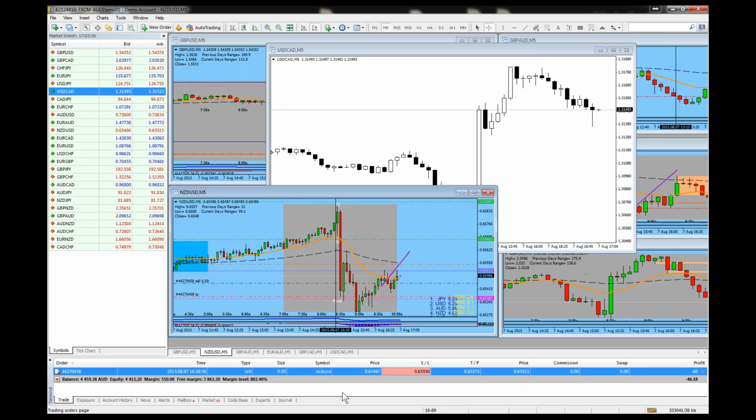All right, let's see what happens. I'm going to close this New Zealand dollar. And this gave us a bit of a slingshot here, but that remains to be seen yet.